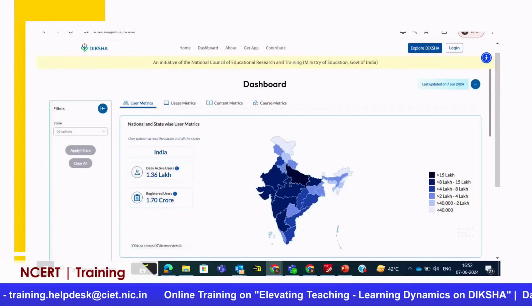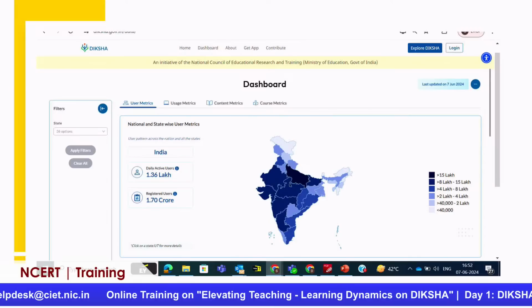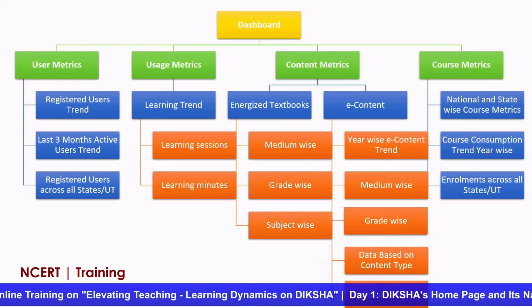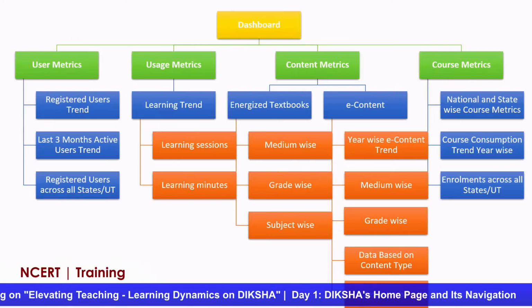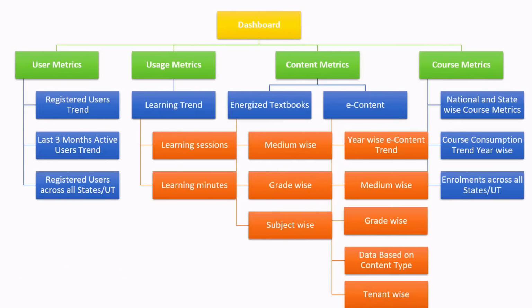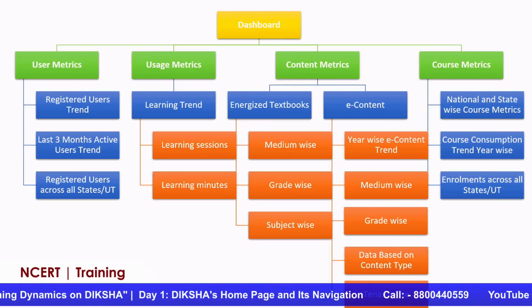how there is a dashboard on DIKSHA by which we can see the uses of DIKSHA. Here you can see there are user metrics which are reflected on the dashboard of DIKSHA, usage metrics also reflected in the dashboard, content metrics and course metrics. So these are the 4 areas through which we can see the uses of DIKSHA.